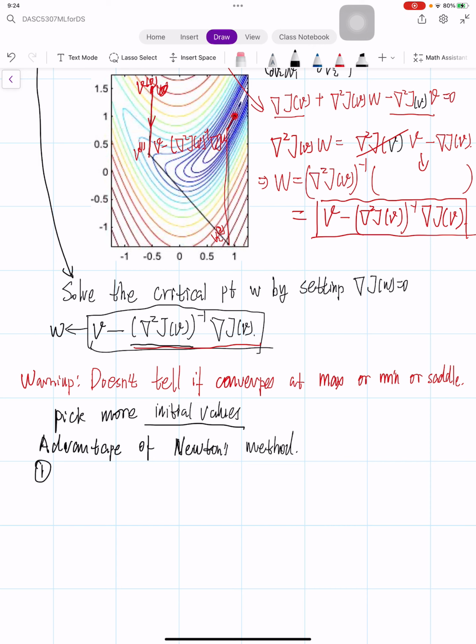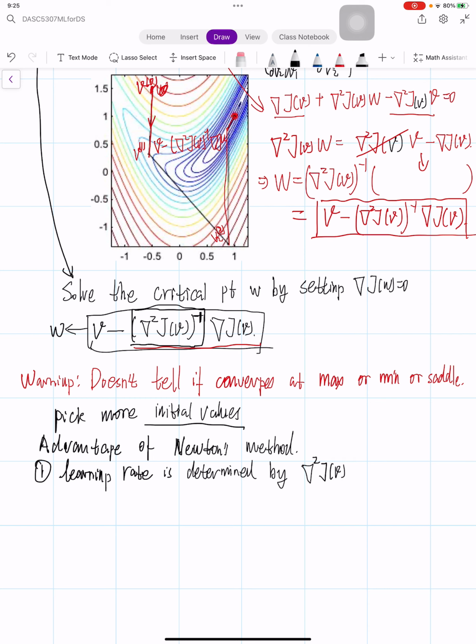The step size is determined by the second derivative. In gradient descent, the learning rate is determined by the gradient of the cost function. Okay.